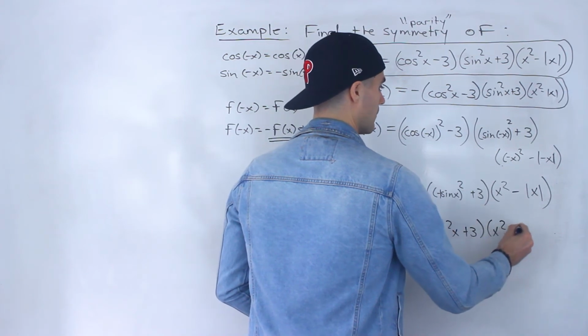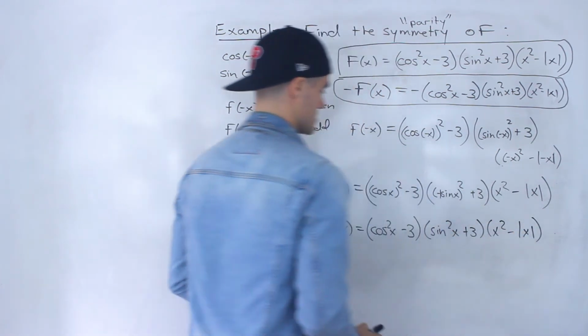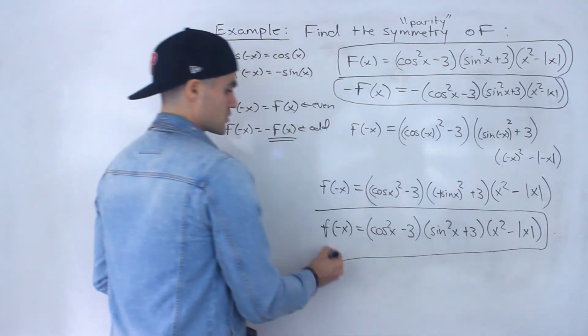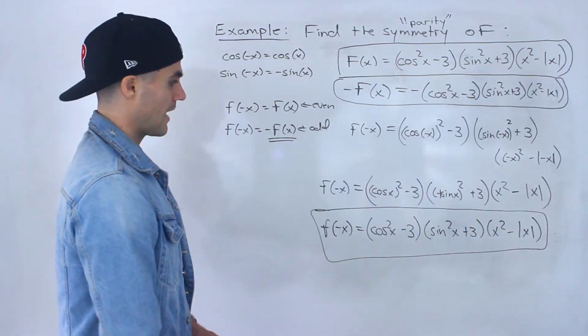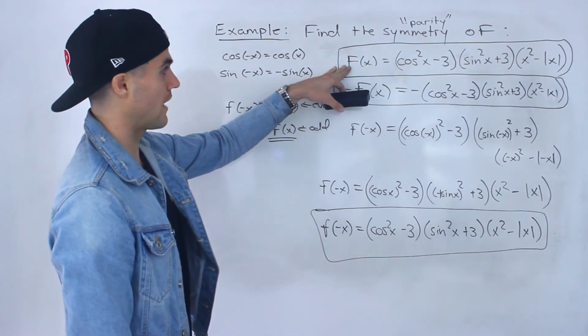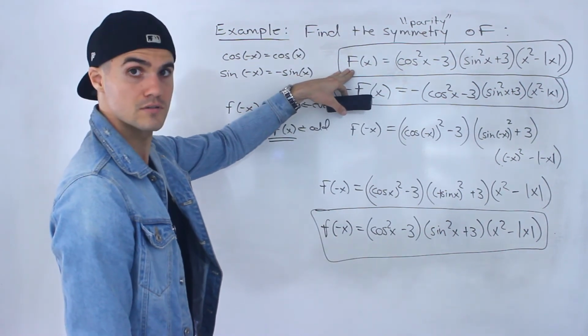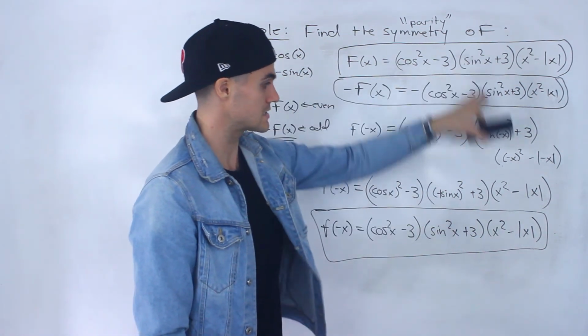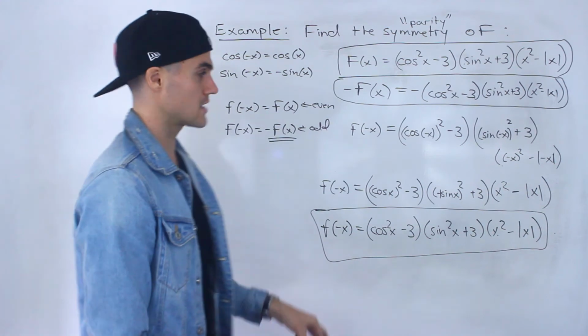x squared minus absolute value x. And so this here is the simplified expression for f of negative x. And f of negative x, does it equal negative f of x or f of x? Well, notice it equals f of x, the original function. This bracket is the same, this bracket is the same, that bracket's the same.